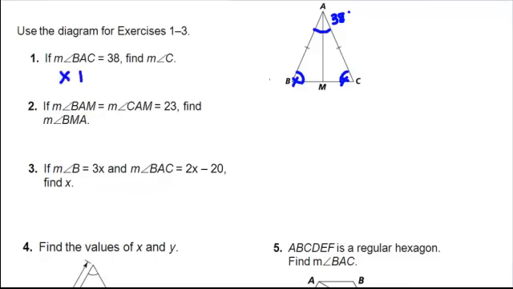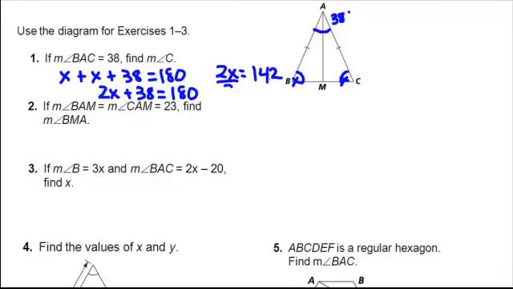So 2x plus 38 must equal 180 degrees. I'm going to subtract 38 from both sides. So I take my calculator and go 180 take away 38, which is 142. I'm going to divide it by 2 and I get x equals 71. So for the very first problem, the measure of angle C equals 71.